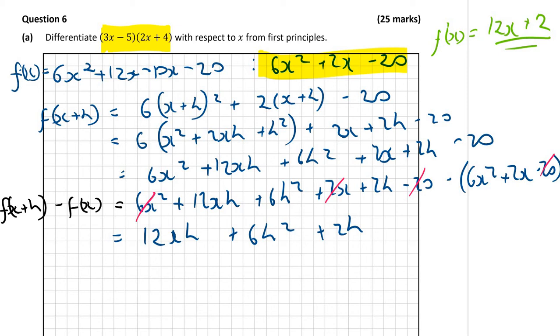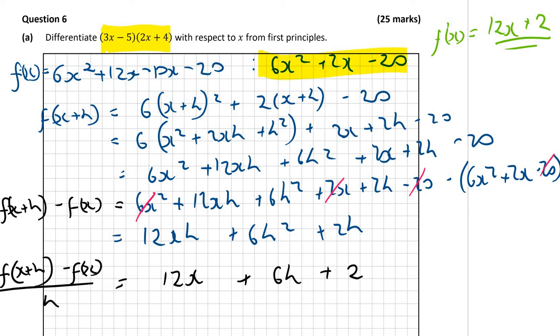Next step then, we have to take our f of x plus h minus f of x, and we need to divide that all by h. So we're left with 12x plus 6h plus 2, which is what we get when we divide this by h.